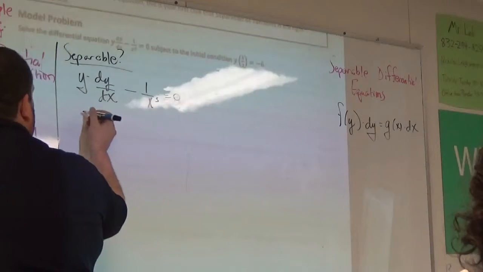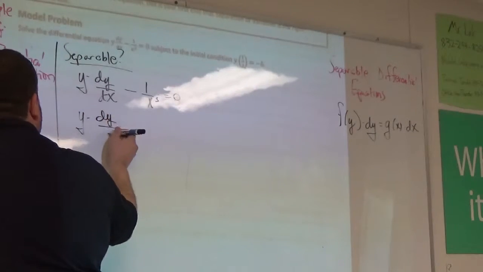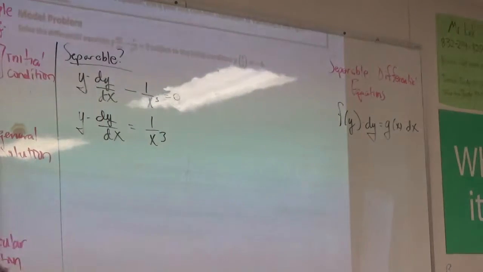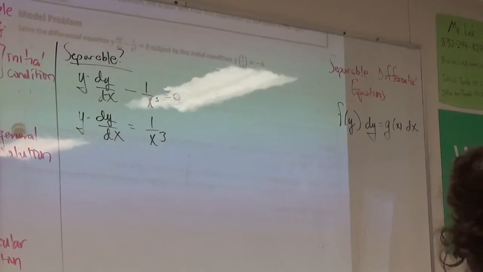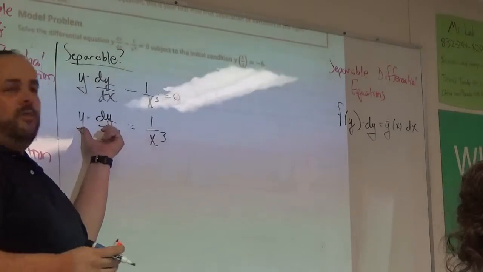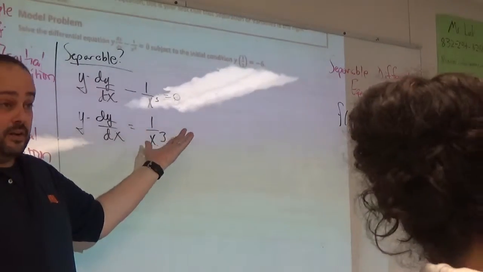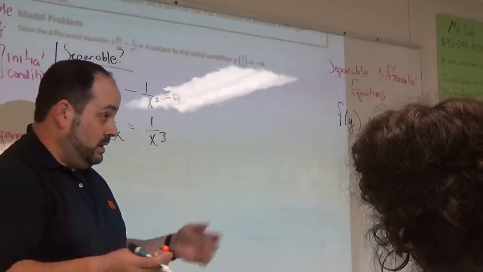How about adding 1 over x cubed? So y times dy/dx equals 1 over x cubed. Better, still not separable. You know it's separable when all the y's and the dy's are on one side and all the x's and the dx are on the other. Legal stuff. Jonathan, what do you see?